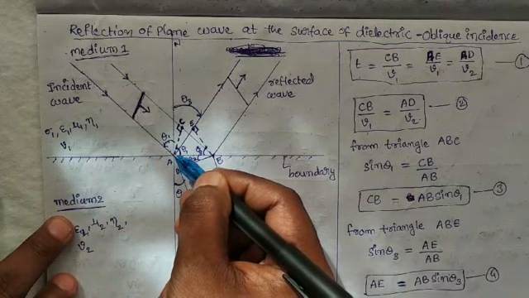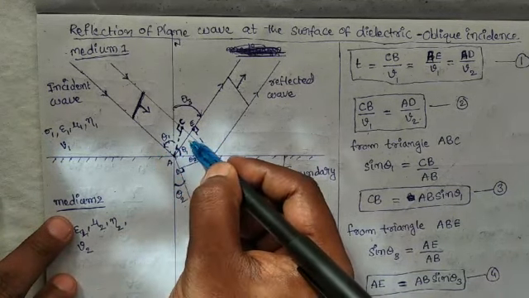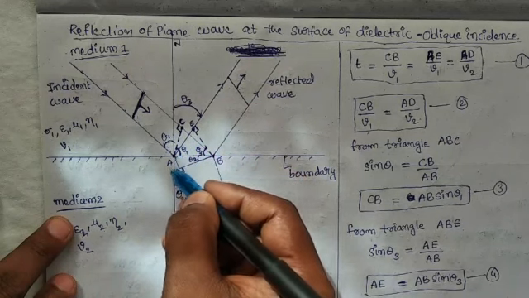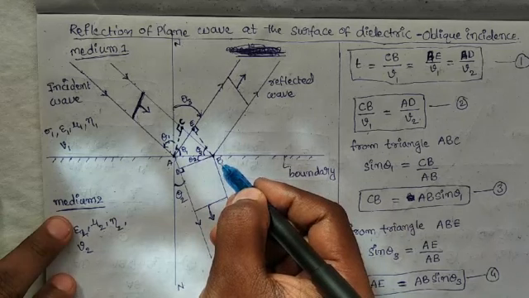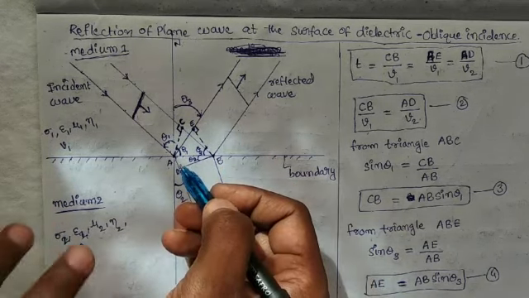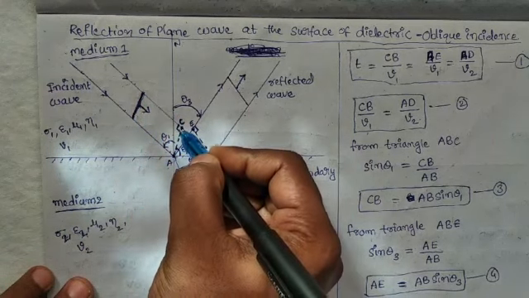At the boundary, the wave is transmitted and reflected. That point I am considering as A, and similarly this point is B. Now we draw the incident wavefront here.